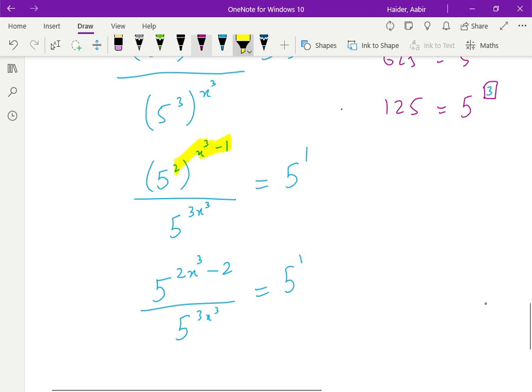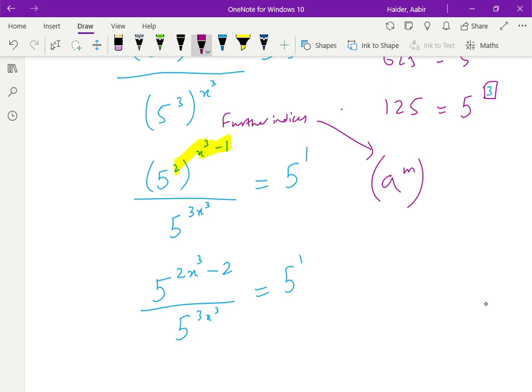So this is a case of further indices, where you can simply multiply them. The rule for further indices is this: if you have something like this, you can multiply the two indices and get going.